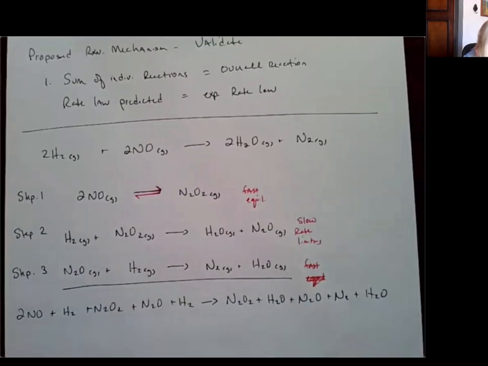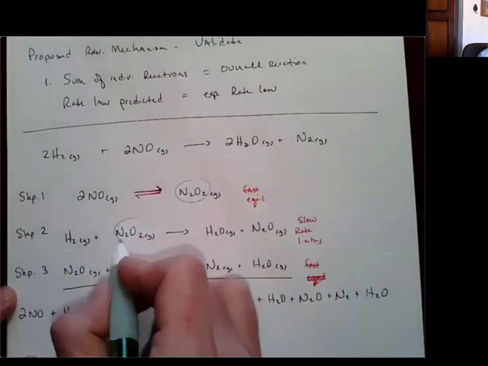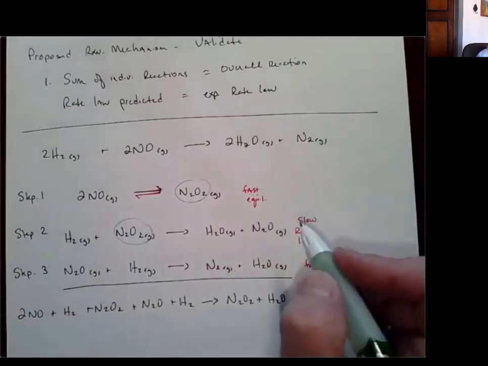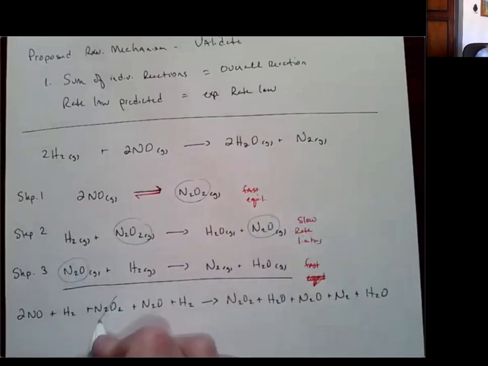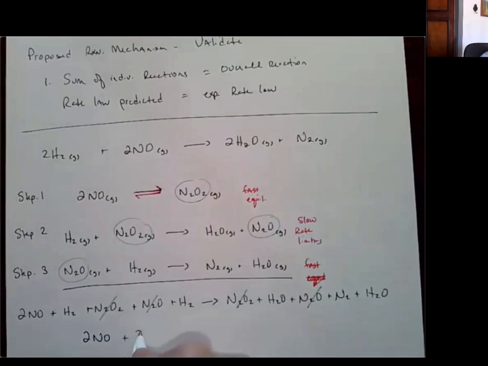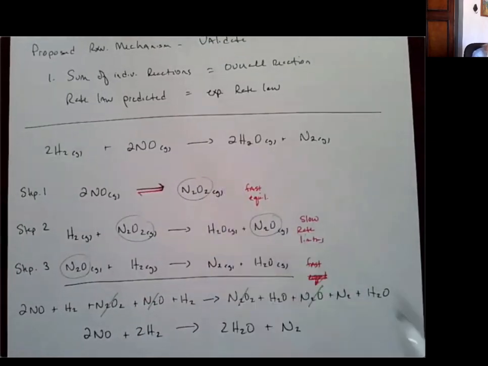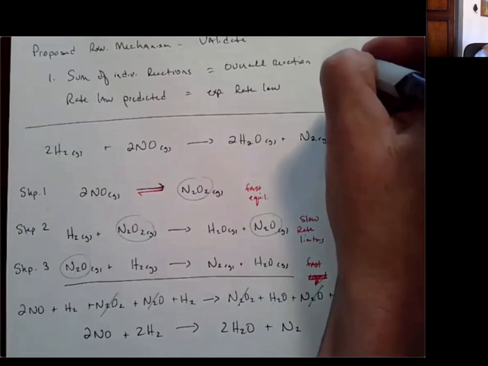Now I'm going to cancel out my intermediates. So where are my intermediates? This is an intermediate because it's produced and then consumed. And this is an intermediate because it's produced and then consumed. So I can cancel these two out from my reactant side and my product side. And then my overall reaction is 2NO plus 2H2 goes to 2 H2O plus N2, which is consistent with my overall reaction. So I'm validated by step 1.